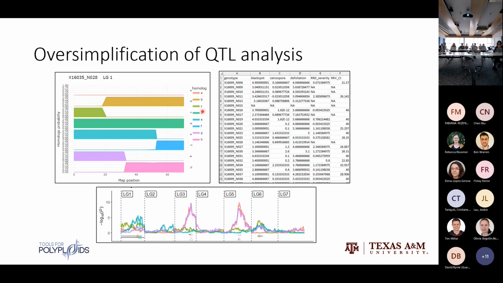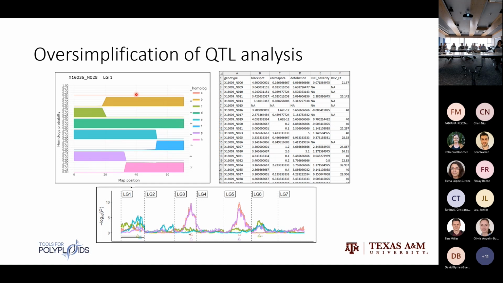So A, B, C, D is parent 1, E, F, G, H is parent 2, and at any given location, you're only going to see a summation of 4, because each one is at a probability of 0 to 1. So you'll see 4 homologs at any given position. What you see here are where the recombination breaks are. And in this example, the D homolog didn't have any recombination on it. It inherited that entire homolog.